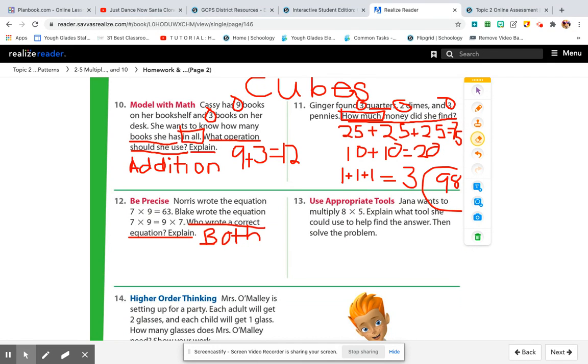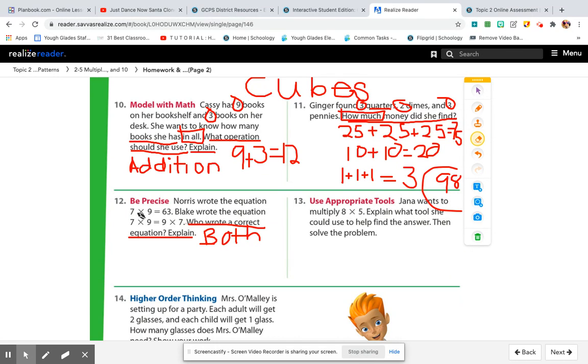7 times 9 is absolutely 63. How do we know that? Well, we know that because when we multiply by 9s, we can just subtract 1 from the factor we're multiplying 9 with, get that first digit in our tens place, which is 6 here, because 7 minus 1 is 6. And we know that all the products of 9, when we add them together, we get the sum of 9. 6 plus 3 is 9, so that's how we got that 3. Now, that's true.